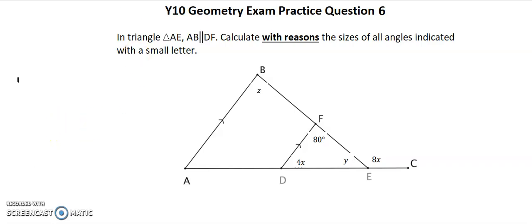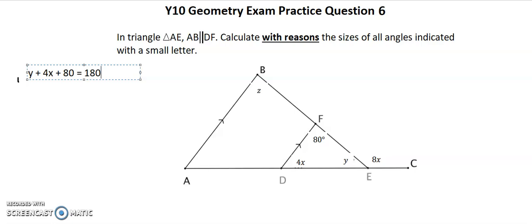So the first thing I want us to think about here is the following. Inside this triangle, we know all angles add up to 180 degrees. So that means I am able to say that y plus 4x plus 80 is equal to 180.